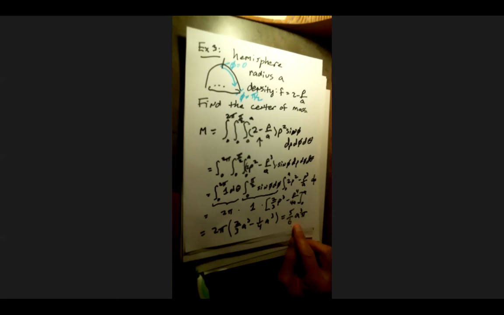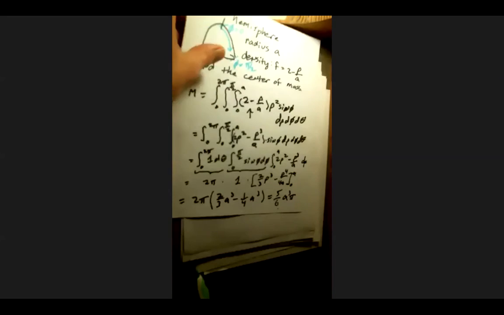Cool. All right, so let's talk through the last bit of process. This is finding the mass. If we wanted to find the moments, then we simply need to adapt the mass integral.